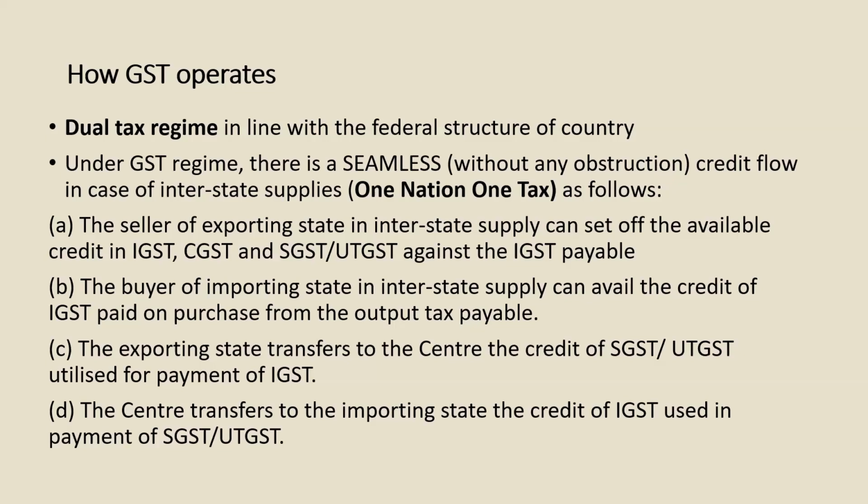Now, suppose point A that I'm reading, the seller of an exporting state, whatever he has purchased, he will add some value. Suppose he has purchased at 100 rupees and now wants to sell it at 120 rupees. When he purchased it at 100 rupees, he had paid some GST.